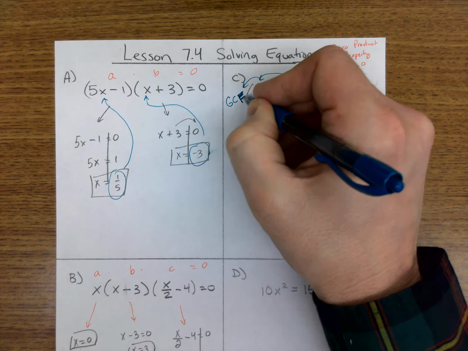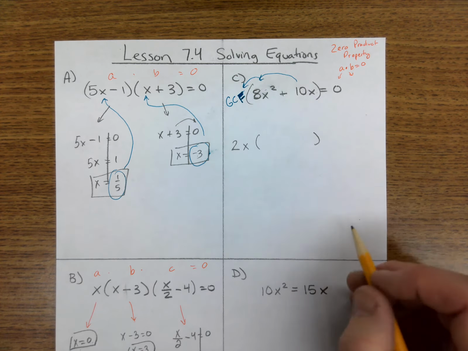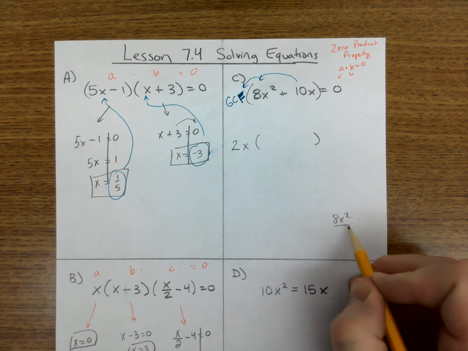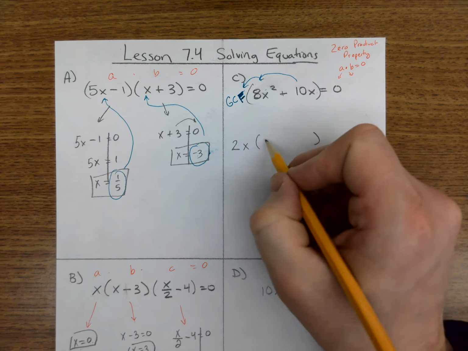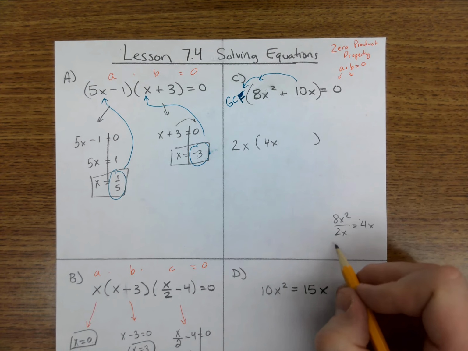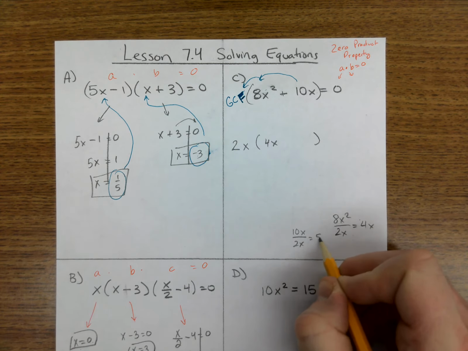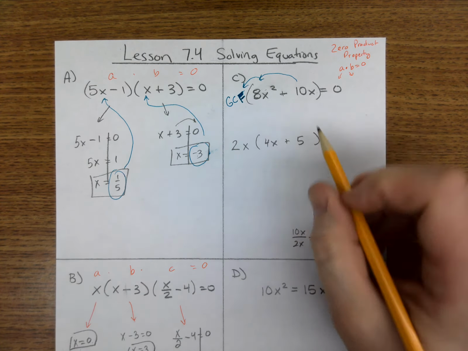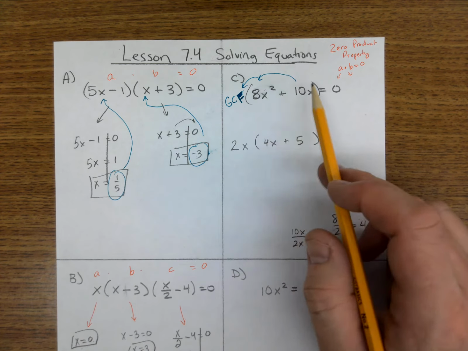Well, that's a 2. What's the GCF of x squared and x? Well, that's an x. And if I have 8x squared divided by 2x, I have 4x. And if I have 10x divided by 2x, I have just 5. So this is what this problem looks like if I factor out the GCF.